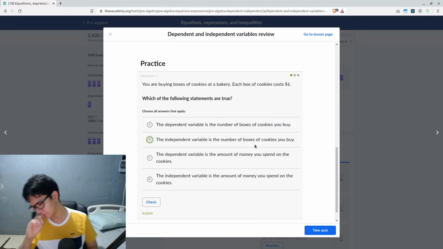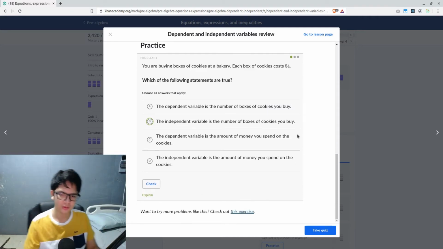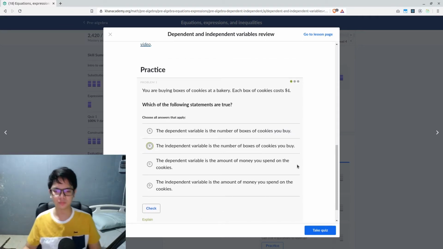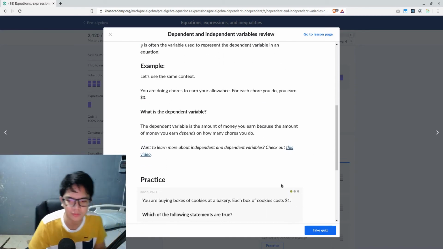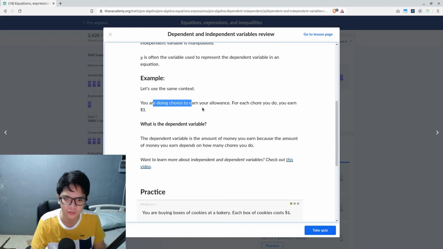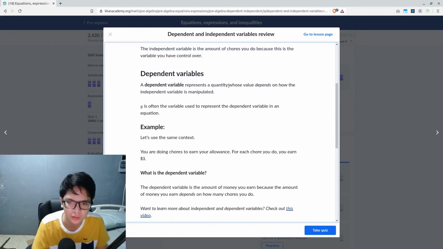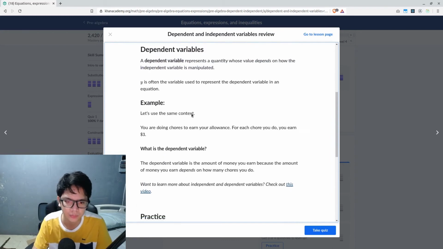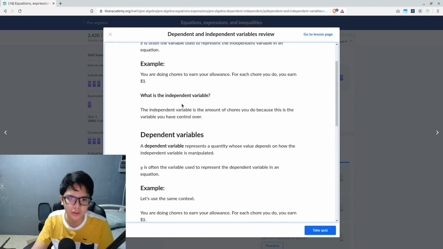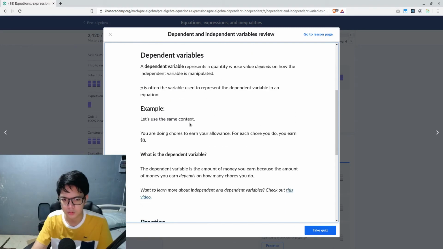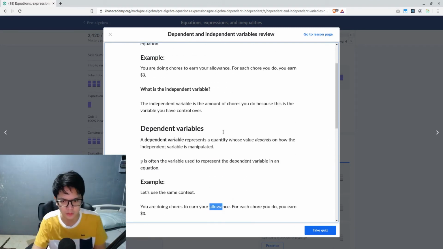Wait, what? This is insane. Okay. What is something I have control over? I mean, it looks like 4, but in this example, it's not. The number of chores is the dependent. Oh, okay. This is independent, right? Dependent. This is insane.